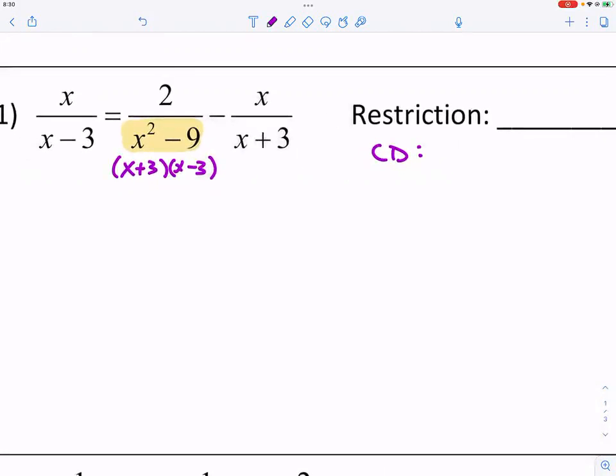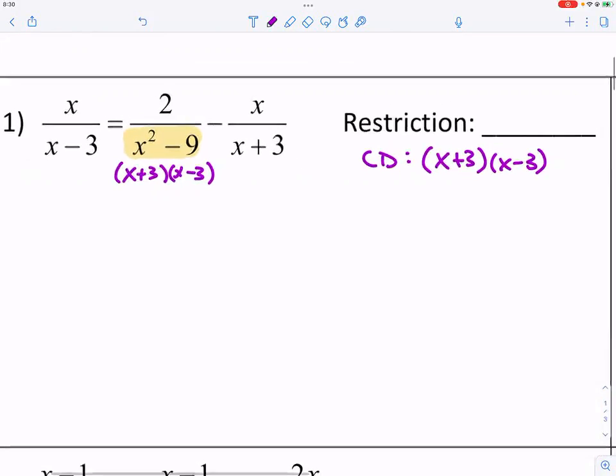So for question number 1, for the common denominator, you basically just pick out all the elements. You see an element of x plus 3, and also an element of x minus 3. So those would be the common denominator.